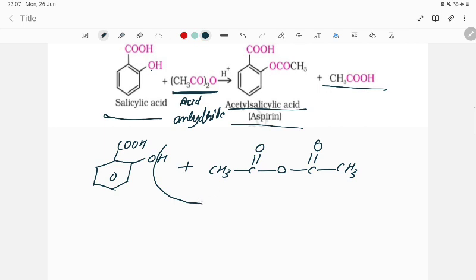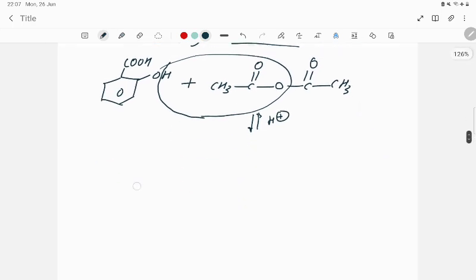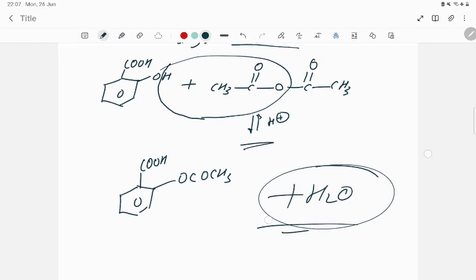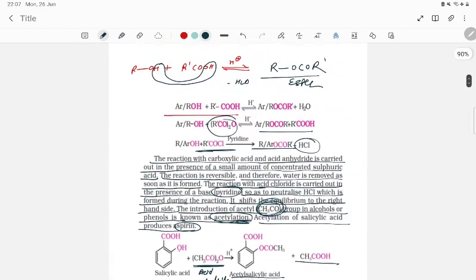With concentrated H2SO4 this forms COOH, here O COCH3, plus H2O. As soon as this H2O forms, we have to remove it immediately because the reaction is reversible. So to get the product we have to remove it.